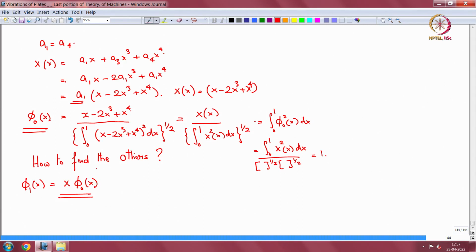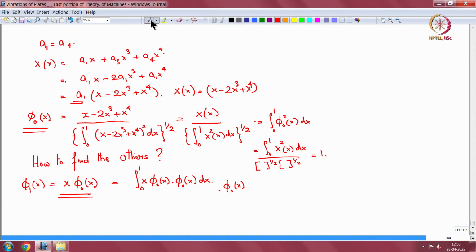In order to find the one without phi 0, I subtract from here integral 0 to 1 x phi 0 of x and the component of phi 0 of x in it dx, into phi 0 of x. No need to divide anything.